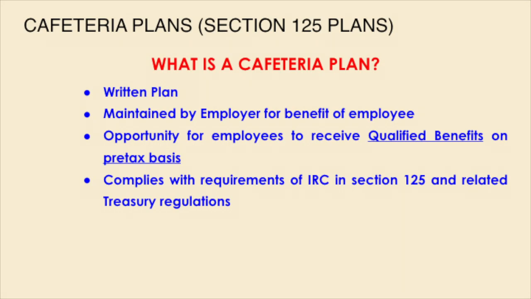These salary reductions are used to pay for the desired benefit and are taken out from the gross pay, and therefore they reduce the amount of pay that is subject to federal income tax. These salary reductions are also exempt from FICA and FUTA taxes, and from state and local taxes.